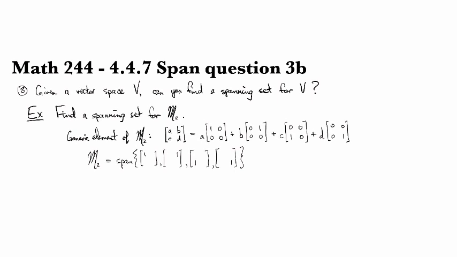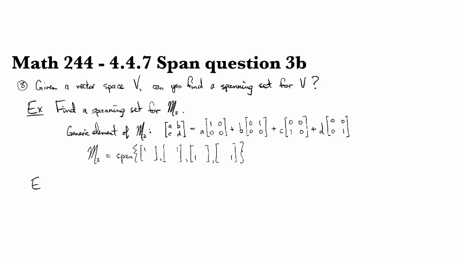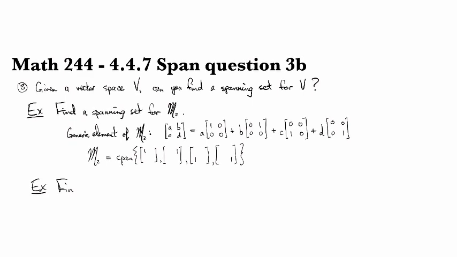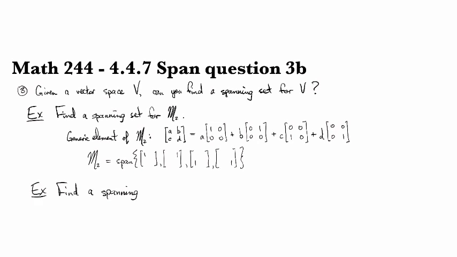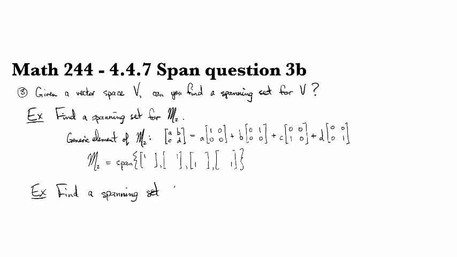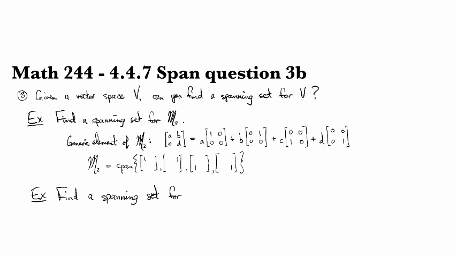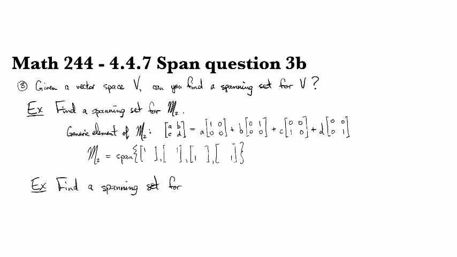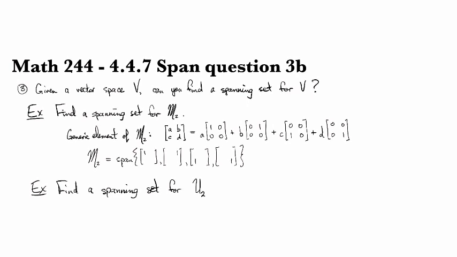Now suppose we needed to find a spanning set for the 2 by 2 upper triangular matrices. Let's call this U for upper triangular and 2 for the fact that it's 2 by 2.